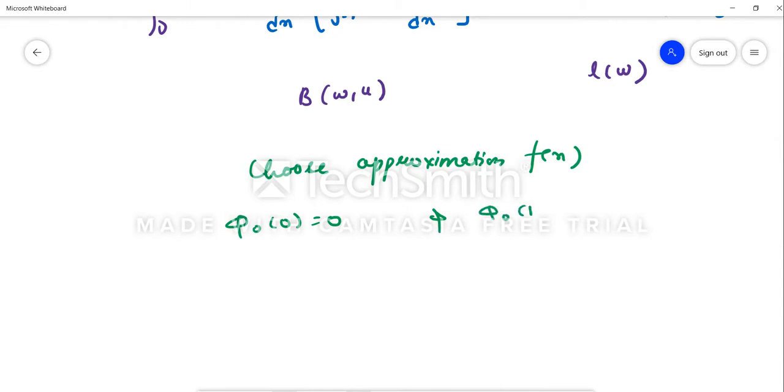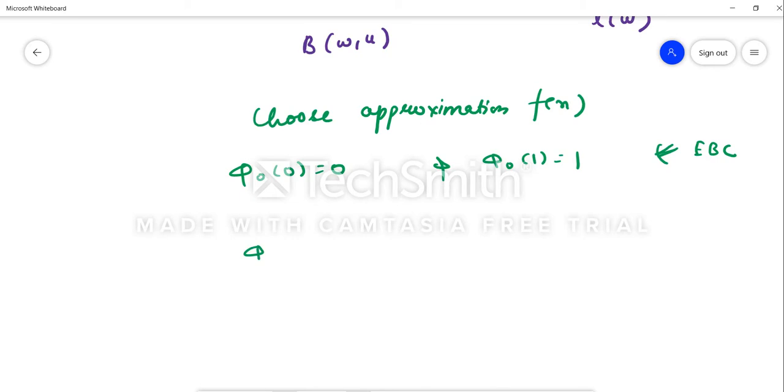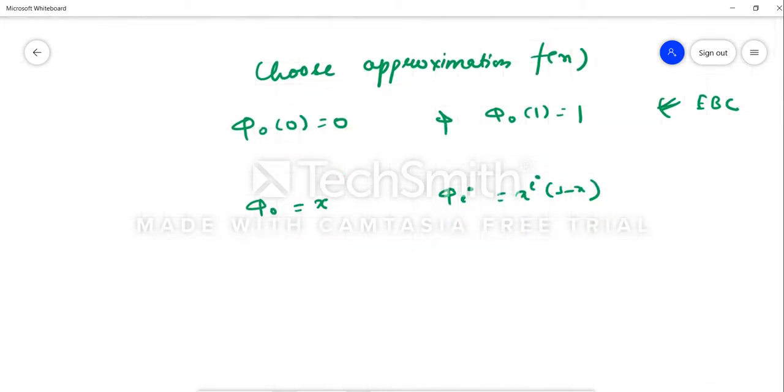This is the essential boundary condition given in the question. So we will take phi naught equals x, and phi i equals x to the power i times (1 minus x). This phi naught we are using for making it homogeneous.